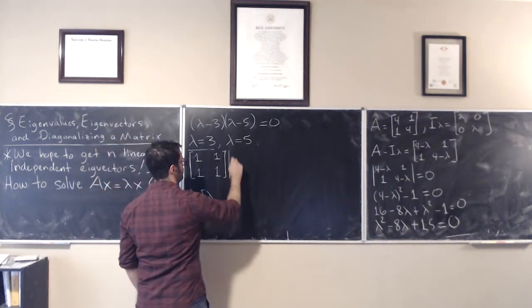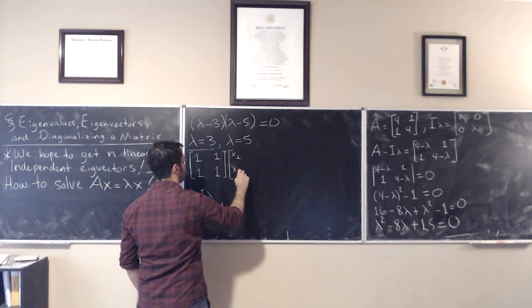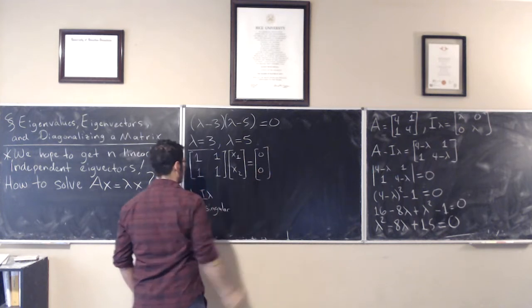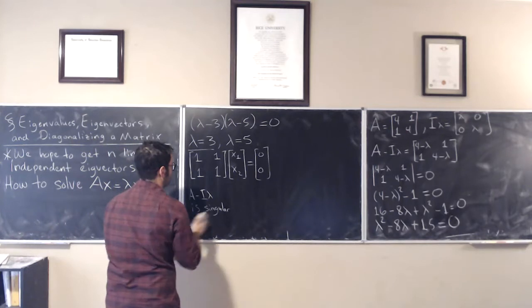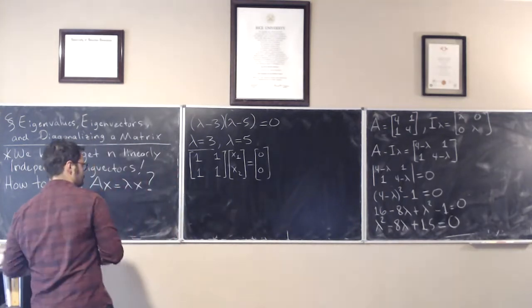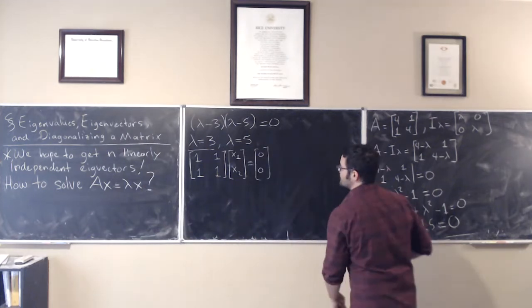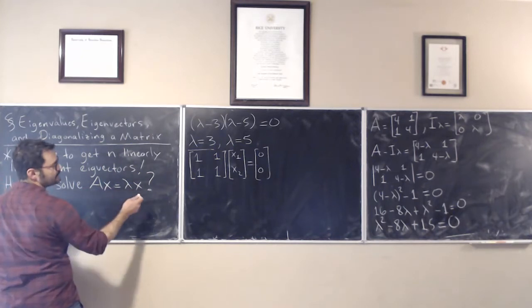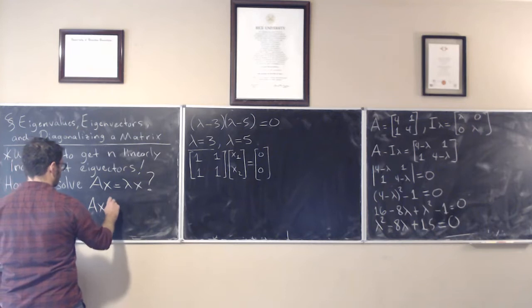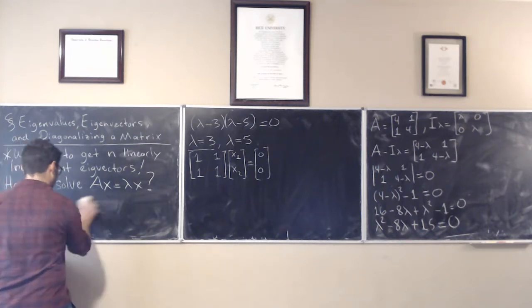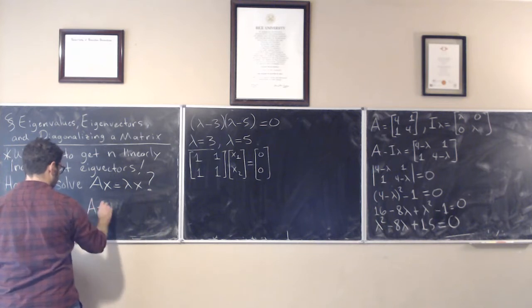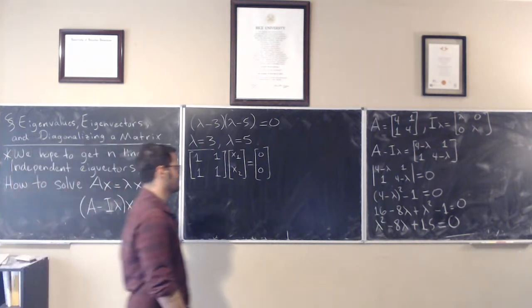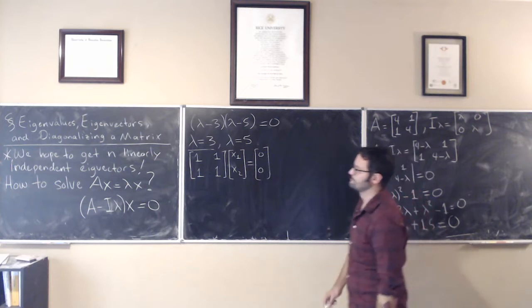So in other words, what do we know? We know that the eigenvectors satisfy this equation, which is this one, right?